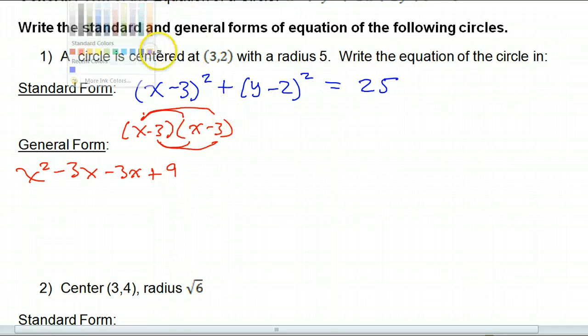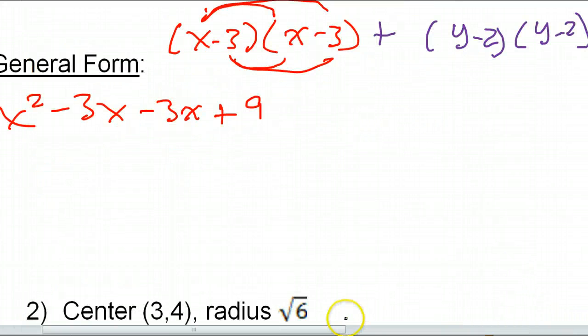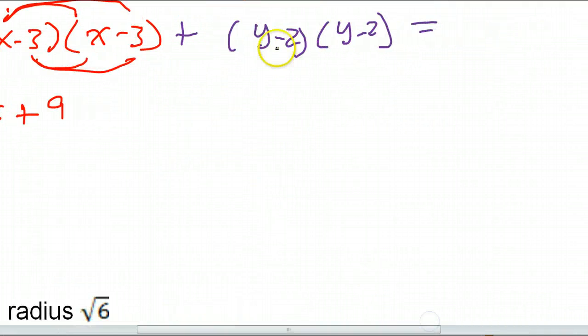And then I'm going to do the same thing with the y minus 2 squared. So I would have plus y minus 2 times y minus 2. Okay, so doing the same thing again.